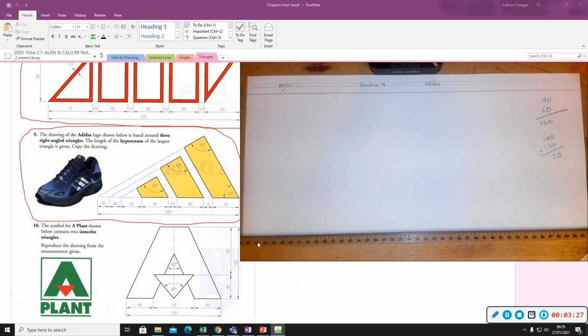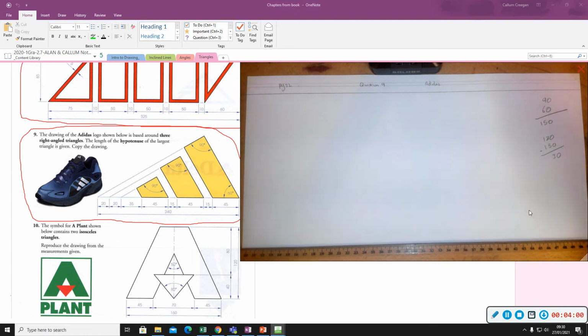Why I took 150 away from 180 is because I added my 60 degree and 90 degree angles, and I wanted to find out what this angle was, but I know that all three are equal to 180. So I just took away 150 from 180 and that gave me 30 degrees. Now I know that there is 30, and I should be able to find that full length. If you're thinking how is that possible, I'll start the question straight away.